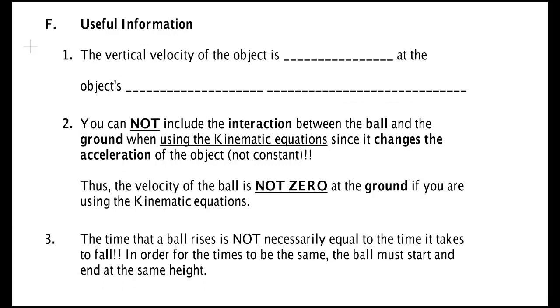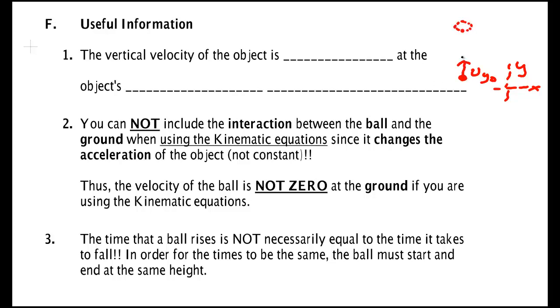A lot of times you'll have a problem like this. You have a ball, and the ball is thrown upwards. This is Y, so this is Vy naught. It goes up and eventually reaches its maximum height.